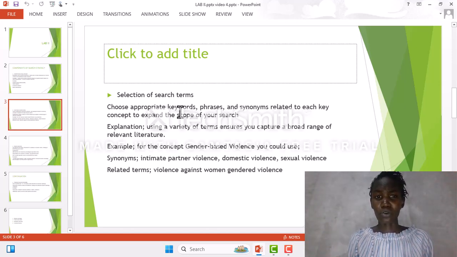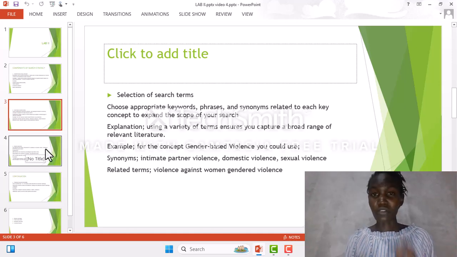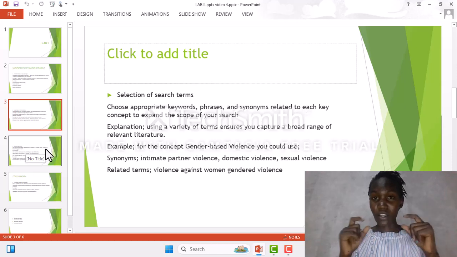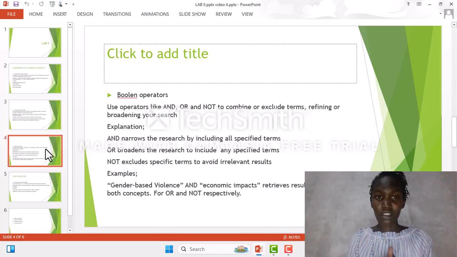For example, for the concept of gender-based violence, you could use synonyms like intimate partner violence, domestic violence, sexual violence. Then related terms may be violence against women, gender. There are just very many that you can use. You have to have a broad brain, a wide field of understanding.